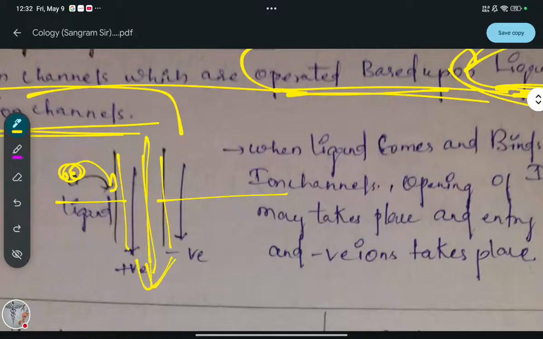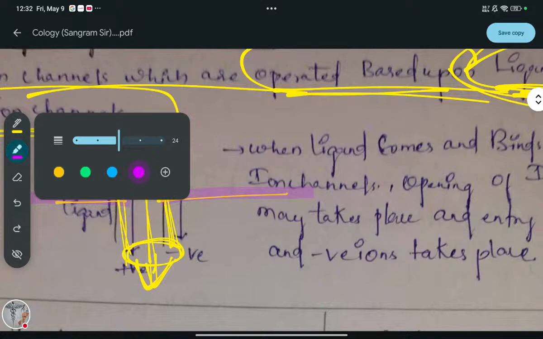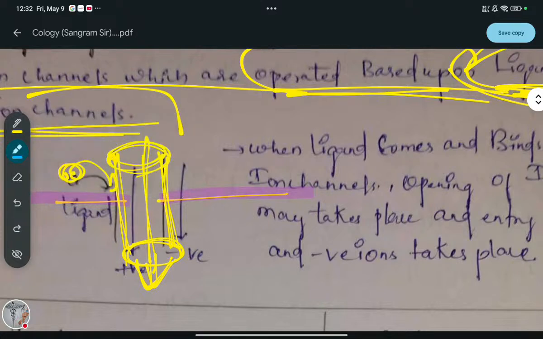If it is open, then positive charge will come inside. These are the positive charges coming inside. So this is important to understand what ligand binding is.